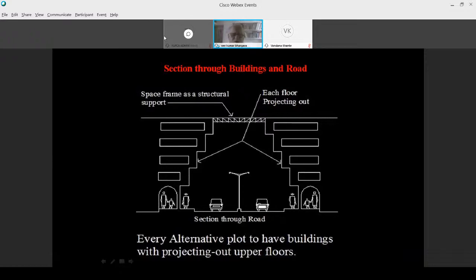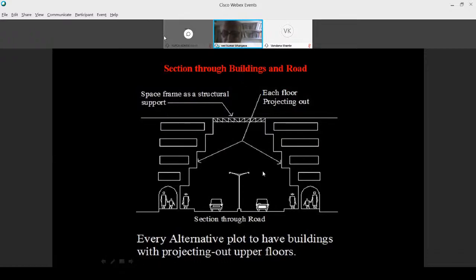What we can do, floor-wise, is that each floor will project out, say 1 meter to 2 meters depending on the situation. Cantilever projection: every floor will project out, and the top floor from both sides.